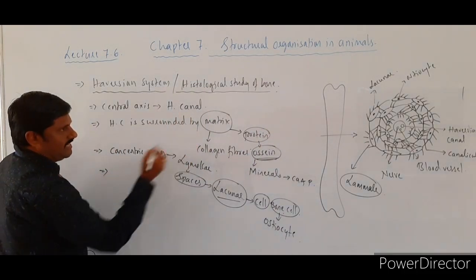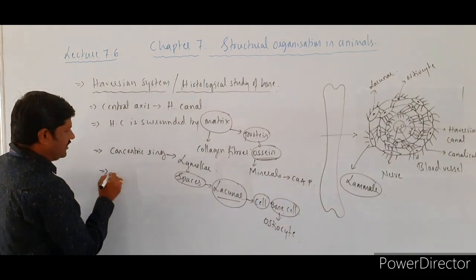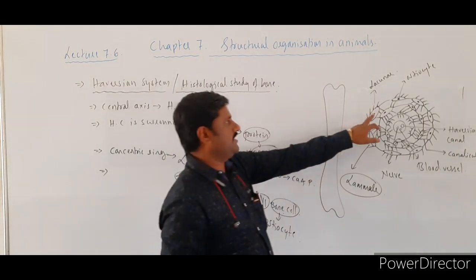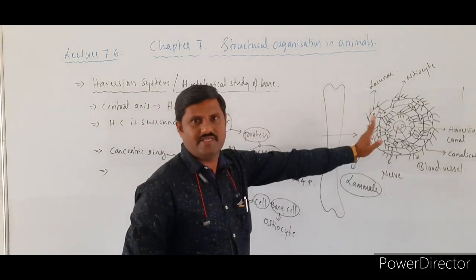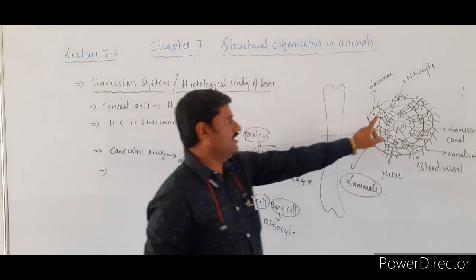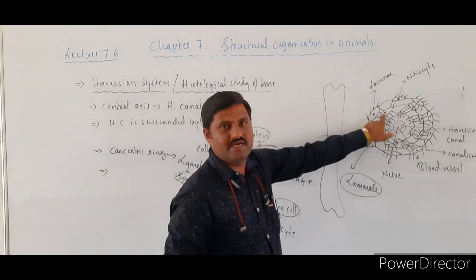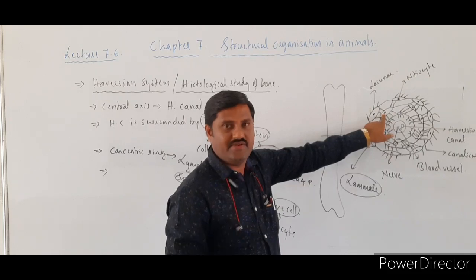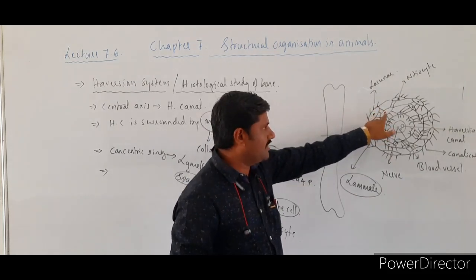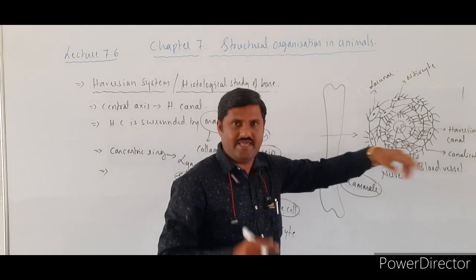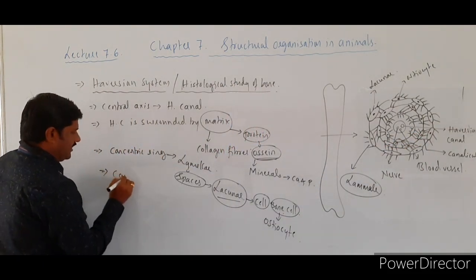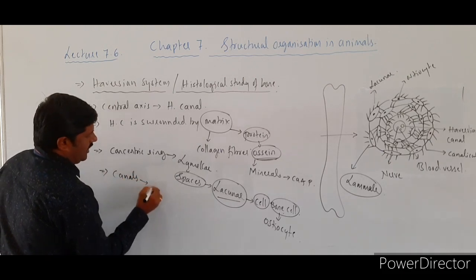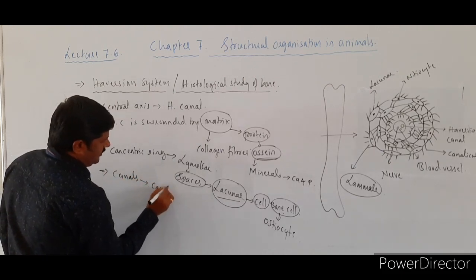So in the lamellae, there you come across what? Osteocytes, lacunae, and these lacunae are interconnected with each other, by adjoining with the what? Neighboring lacunae. One lacuna comes in contact with another lacuna through some specialized canals, and those canals are known as canaliculi.